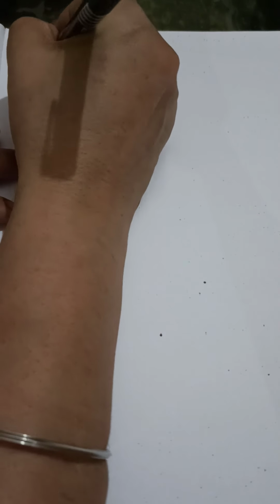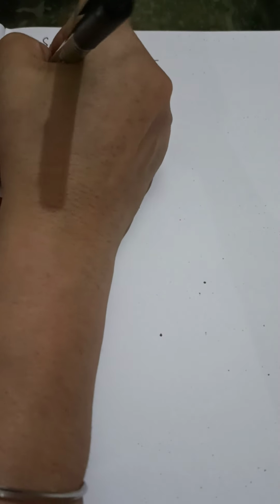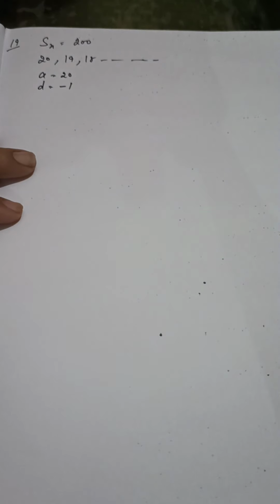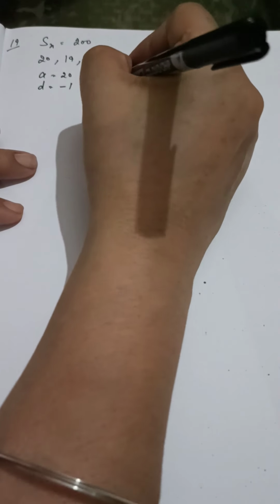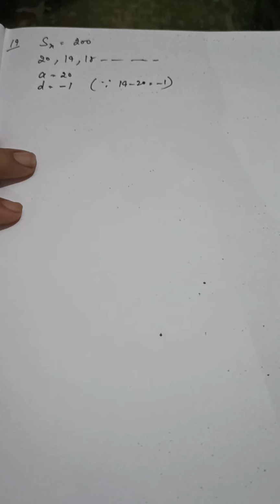The sum of logs according to the figure given to us: 20 in the bottom row, then 19, then 18 and so on. So this becomes an AP. A is equal to 20, d is equal to minus 1, because 19 minus 20 is minus 1.